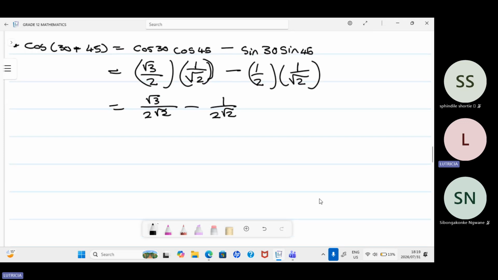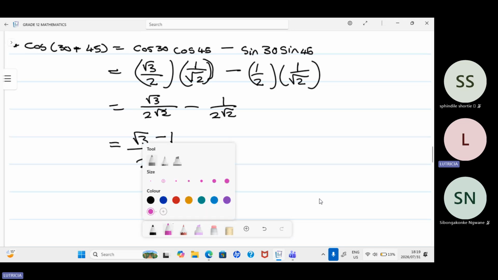So that's going to be equal to (root 3 minus 1) over 2 root 2. Okay, so for this one we didn't make any mistakes.